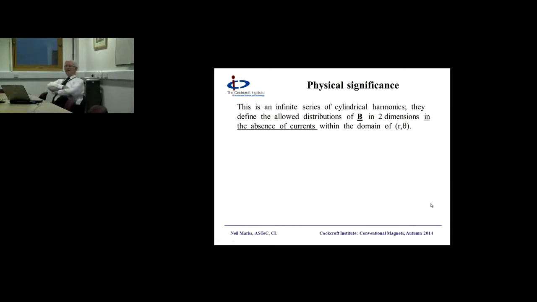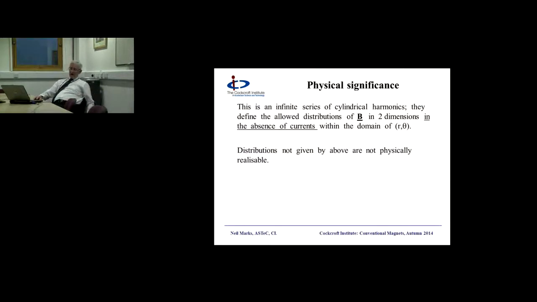So what's the physical significance of these equations? It's an infinite series of cylindrical harmonics. They define the allowed distribution of B in 2 dimensions in the absence of currents or of steel within the domain of r and theta. And we need to be very clear that any variation of B as a function of space, of x and y, which doesn't fit with those equations, cannot exist physically.